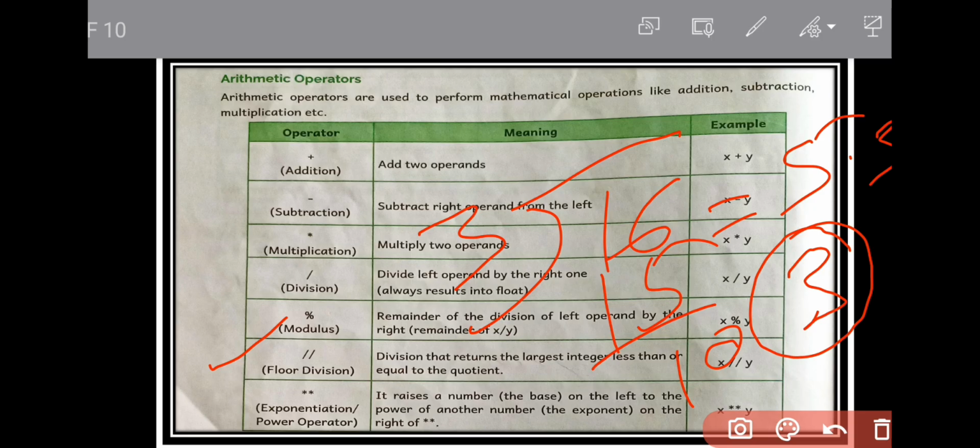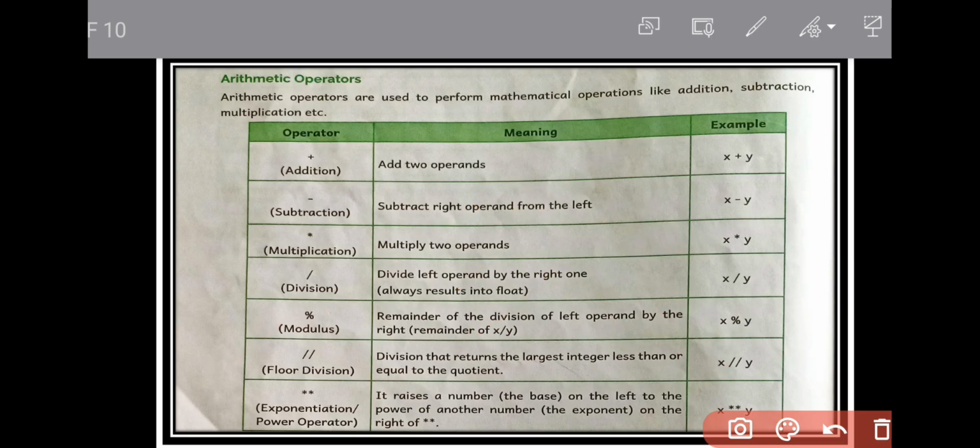Next, exponentiation, the power operator. It raises the number, the base on the left, to the power of another number, the exponent on the right.